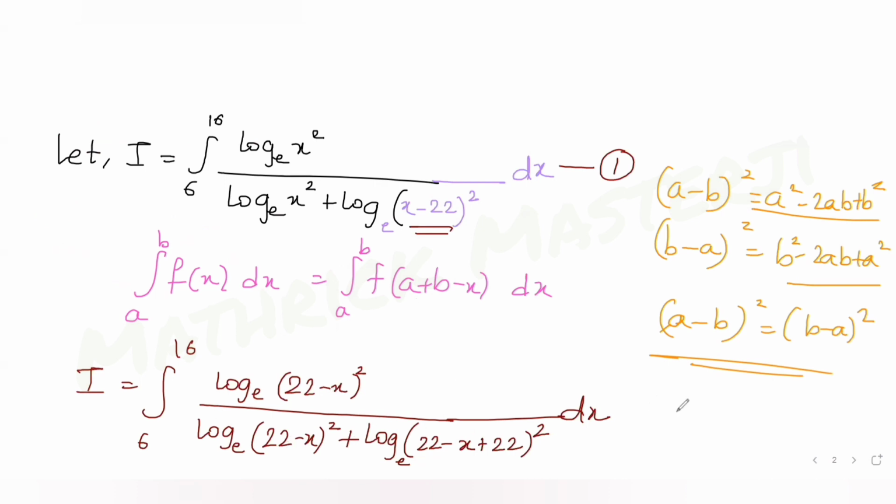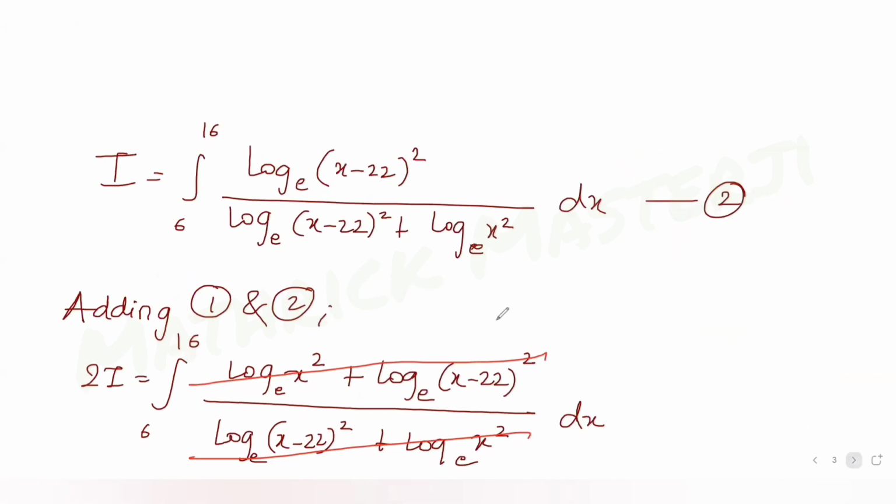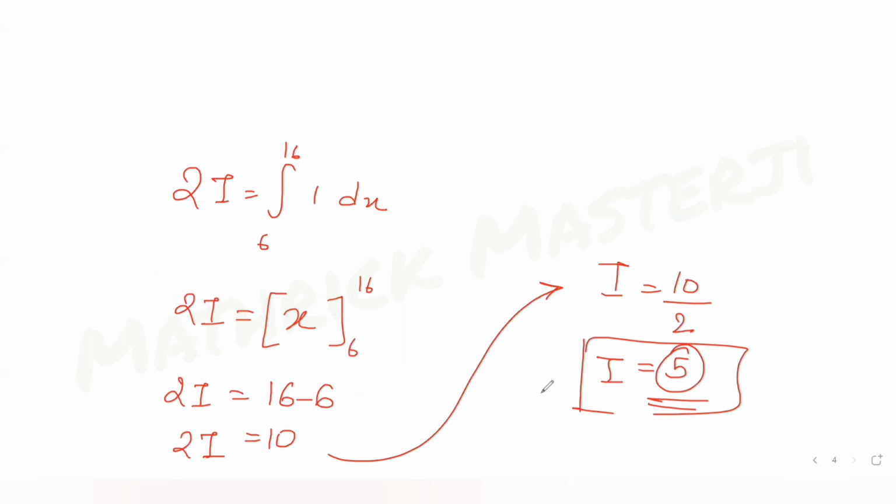That made my denominator the same in both cases. Once I added both the I's from 1 and 2, the numerator and denominator cancelled. That gave me the integral of 1, and when I solved it, I got the correct answer as option C. So C becomes the correct answer for the question given to us.